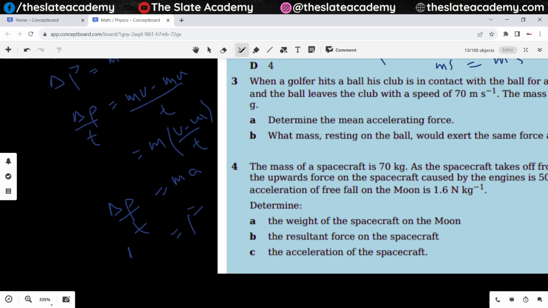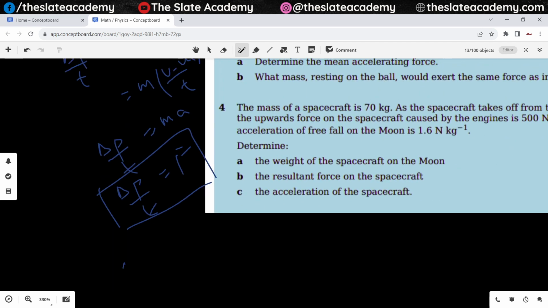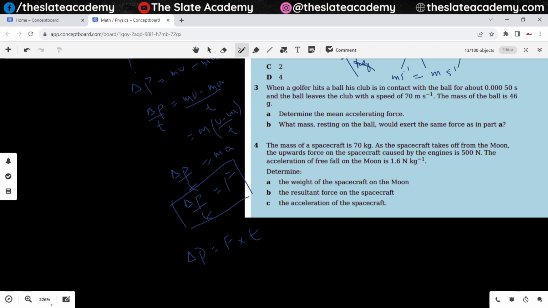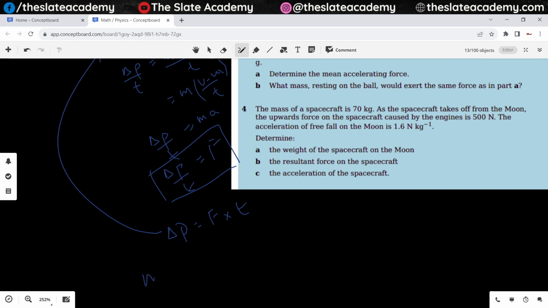Okay, the rate of change in momentum is force. This is the first thing that we have to remember. The other thing that we have to remember is change in momentum can be calculated as force into time. Change in momentum is called impulse. यहाँ भी हमने इसकी ये equation लिखी है, so we can also say mv minus mu is equal to F into t, and they're both equal to impulse.